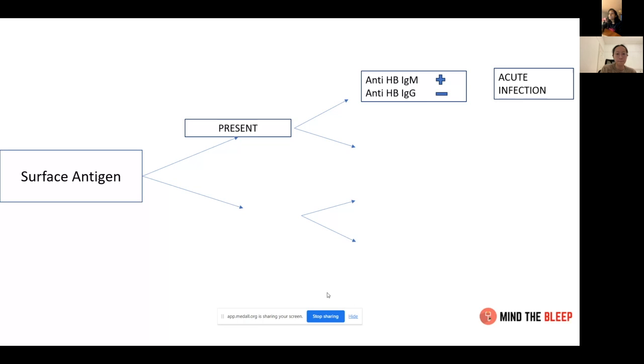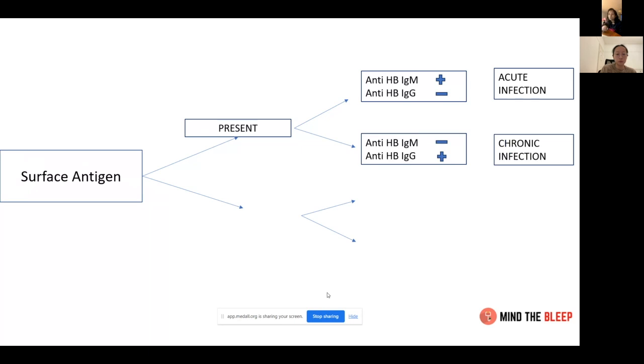If they have IgM negative and IgG positive, then they have a chronic infection, which means the antigen is still present, but the acute phase has lapsed, and now the body is able to produce this chronic immunoglobulin to fight the infection.